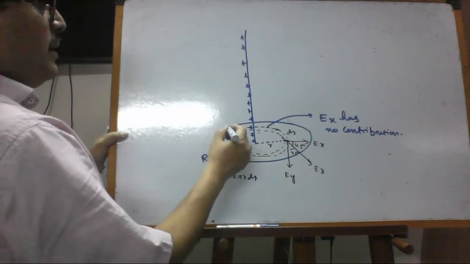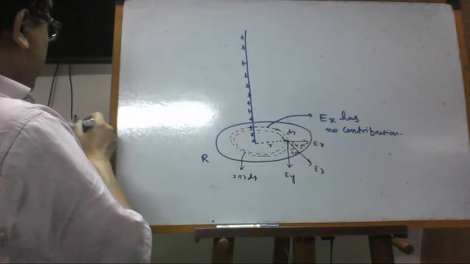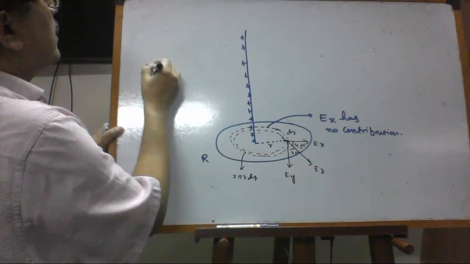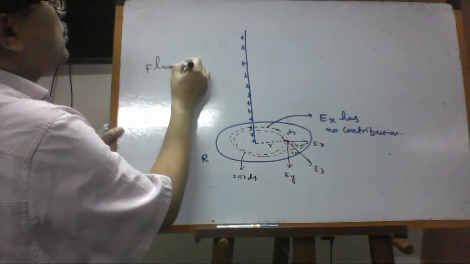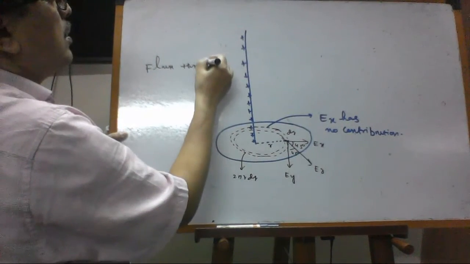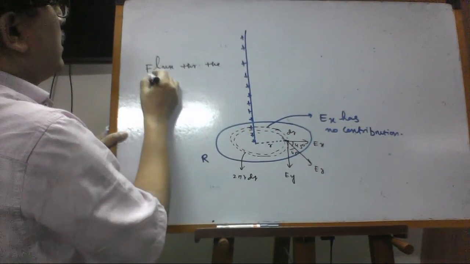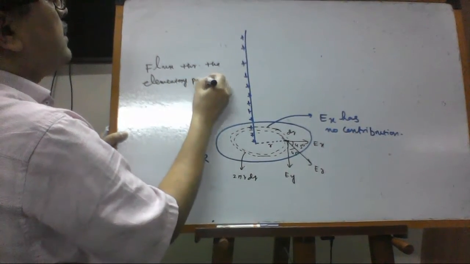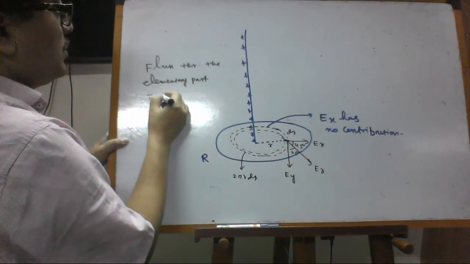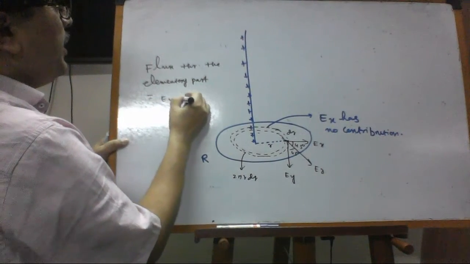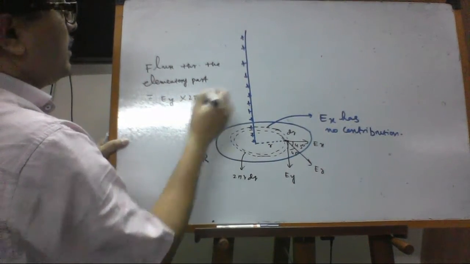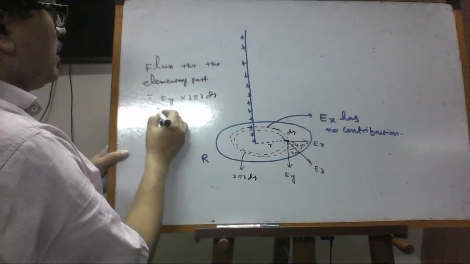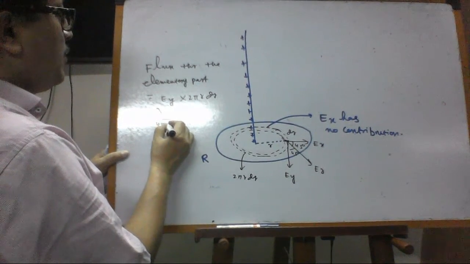So d phi, the electric flux through the elementary part, is equal to Ey into 2 pi r dr. Ey is what? Lambda by 4 pi epsilon 0 r.